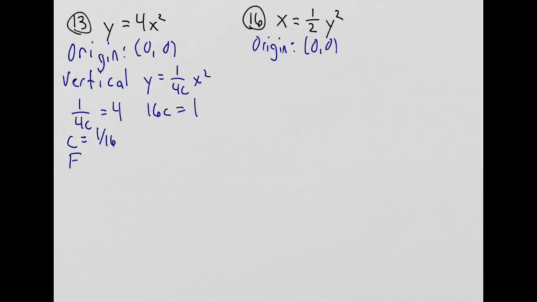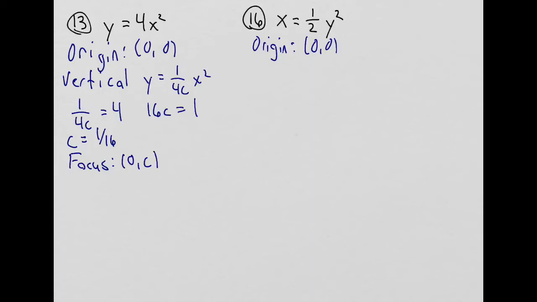Now that I got c, I can just write out my focus and directrix. My focus here has to be a vertical one. Looking at my equations, the vertical ones are 0, c.